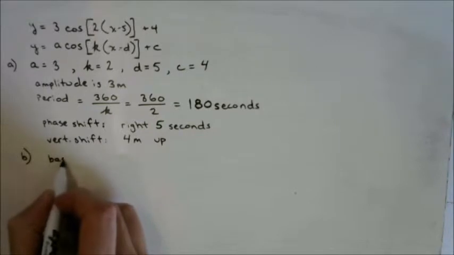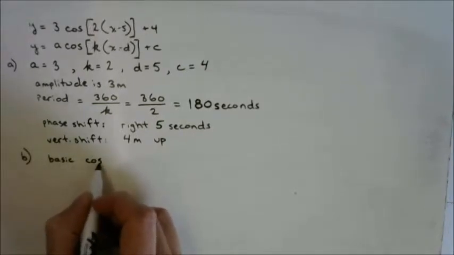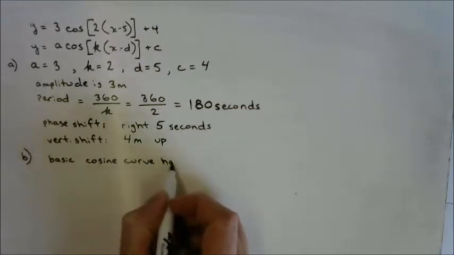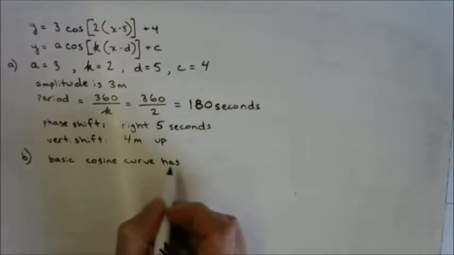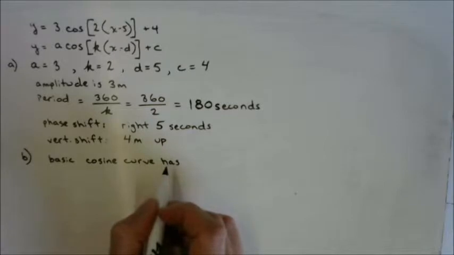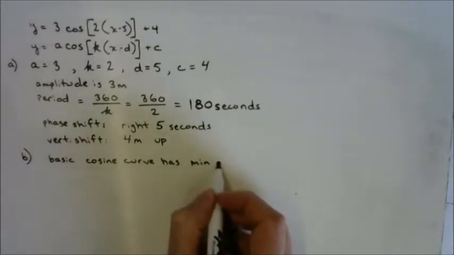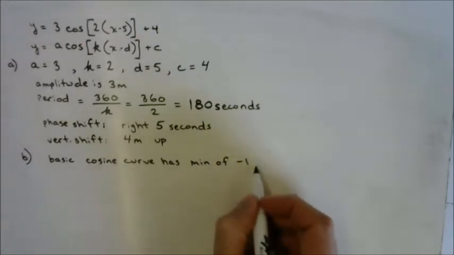The basic cosine curve has a max of 1 and a min of -1.